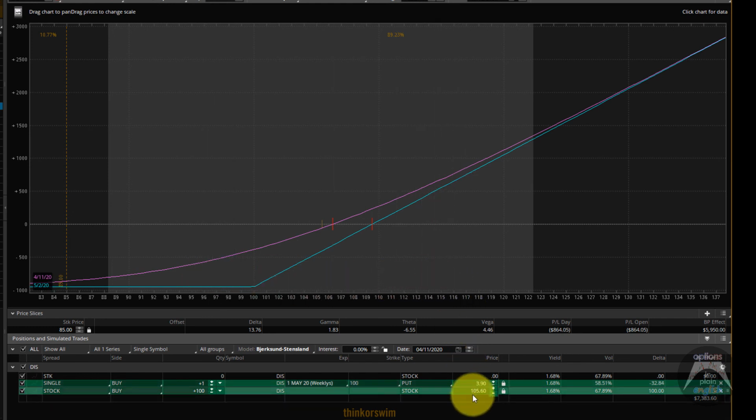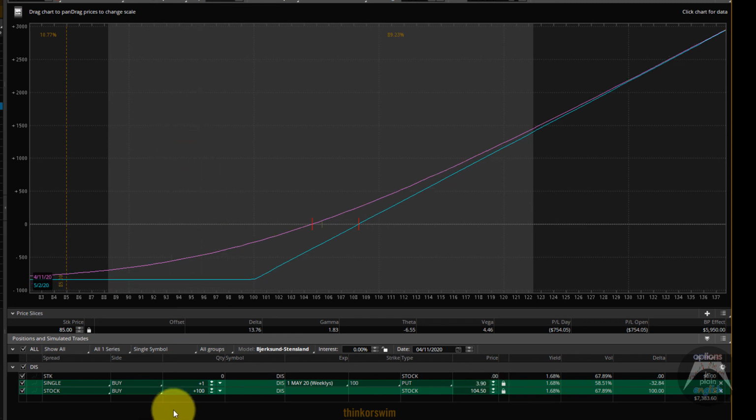So right now, if I'm buying, let's say at the price that it closed at, 104.50, we're going to be losing $840. Why? Because it goes down the 450.